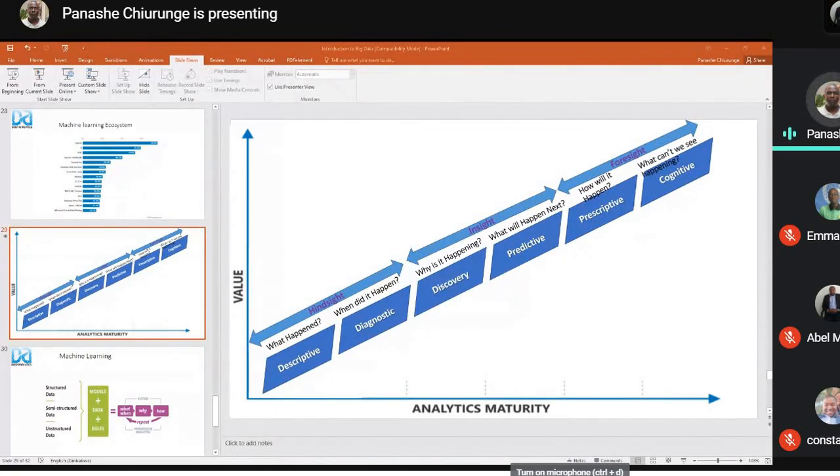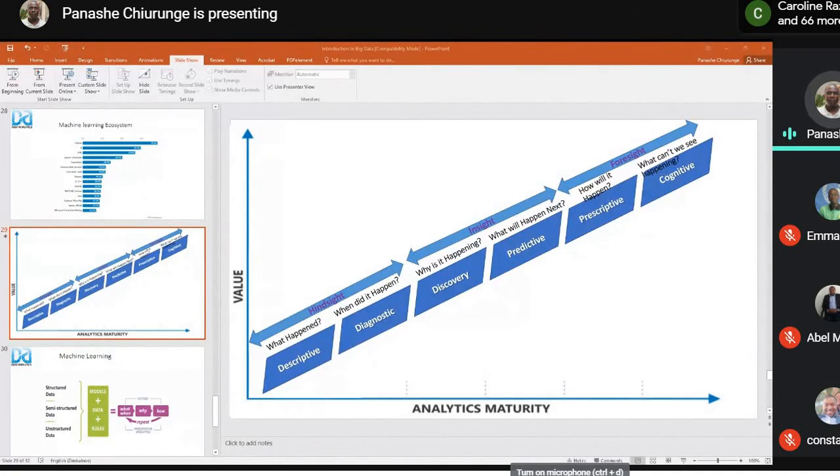So there's hindsight and then there's insight. Then the next level after that is prescriptive analytics. Prescriptive analytics looks at how will it happen.